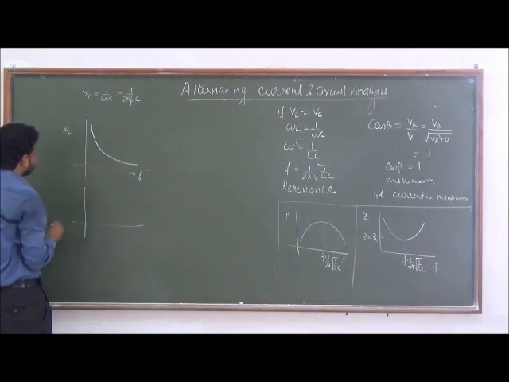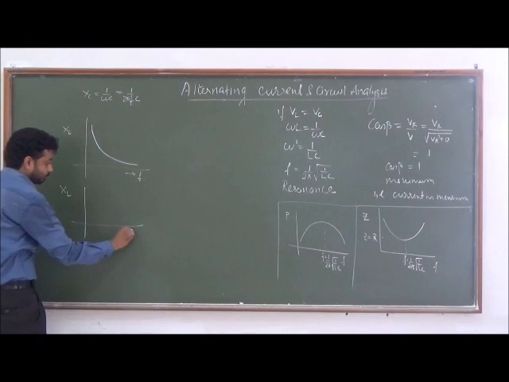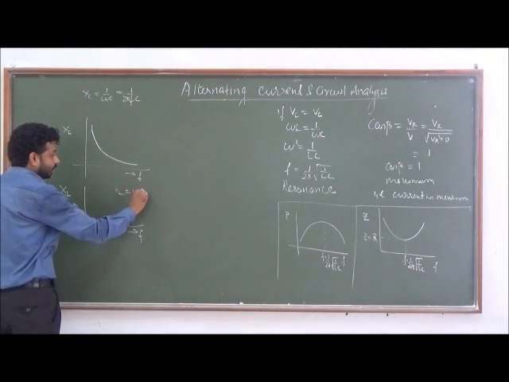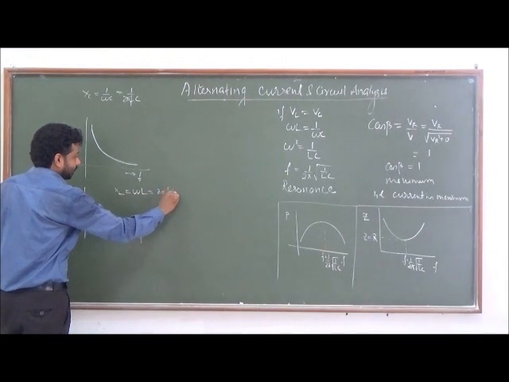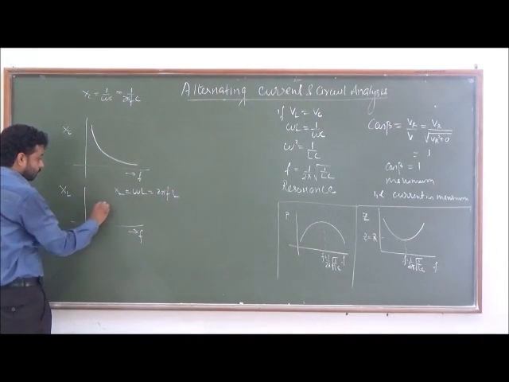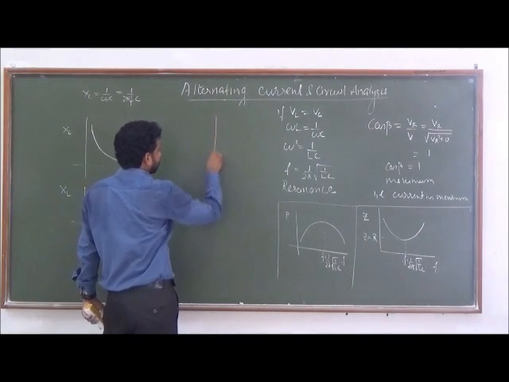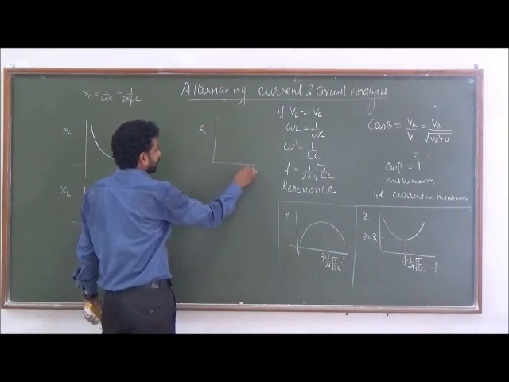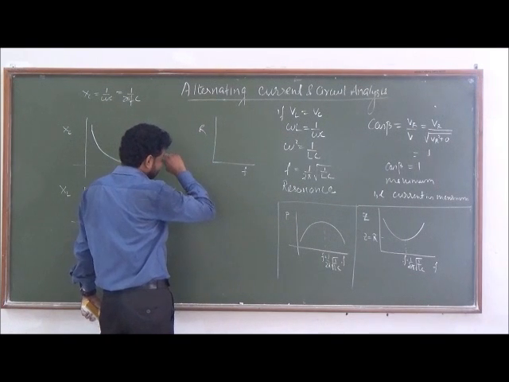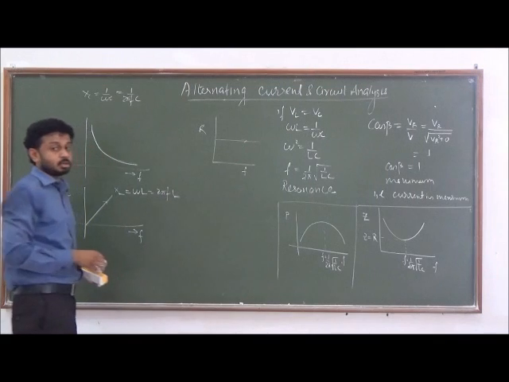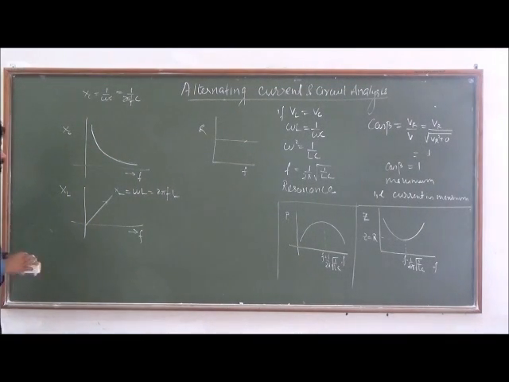Also, if I have to plot XL with respect to frequency, then we know that XL is equal to omega L, which is equal to 2 pi f into L. So the graph will look like this. And if I have to plot only R with frequency, then resistance is independent of frequency, so it will just be a constant line, no dependence at all. So this also they ask for one mark.